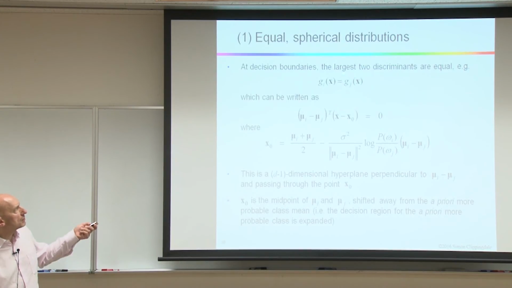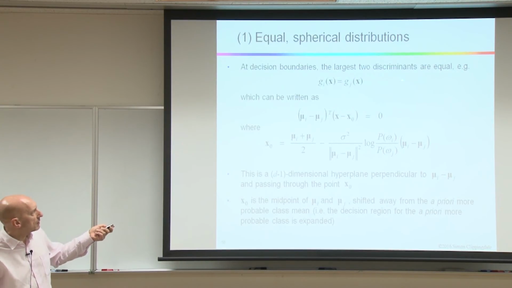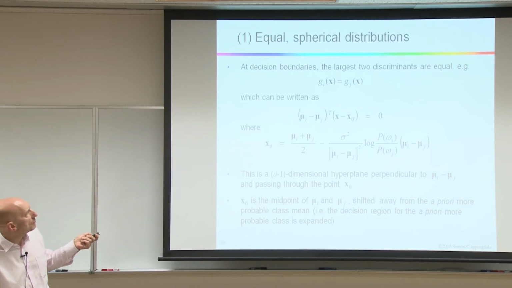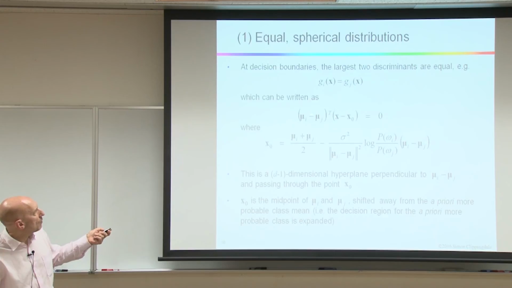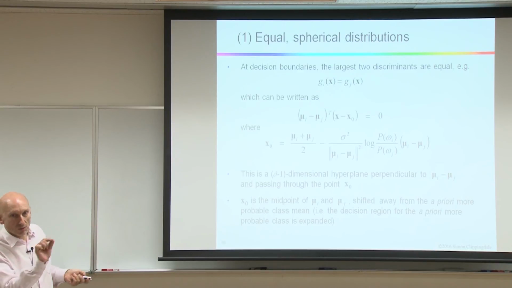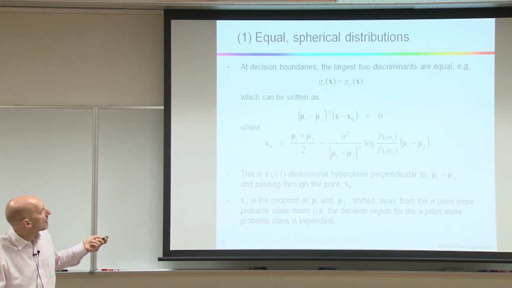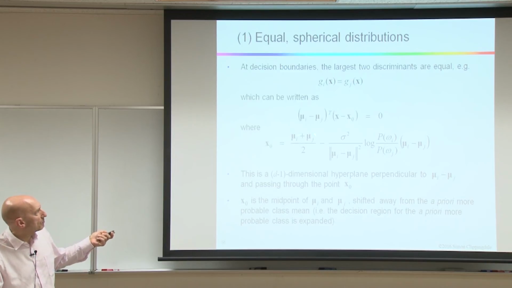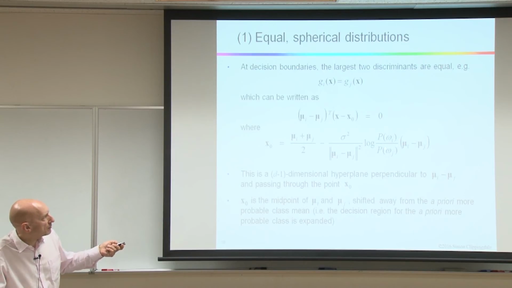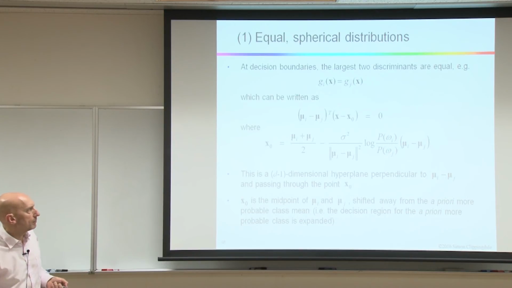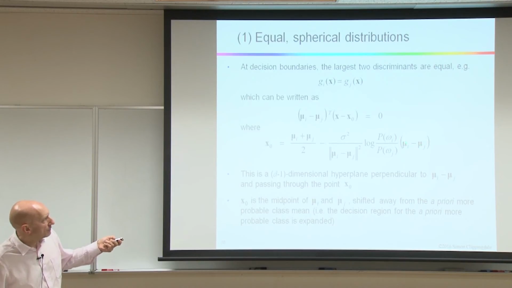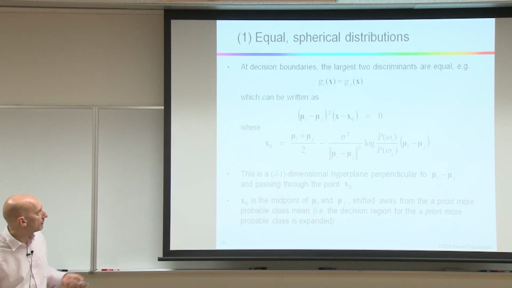So at the decision boundaries, the largest two discriminant functions are equal to each other, as we saw on the last slide, and you can write that as this, where this is the two class means in question. So this thing is the vector joining one class mean to the other, and x0 here is a point halfway between the two class means, shifted according to the difference between the prior probabilities of the two classes, and it's shifted along this vector which joins the two class means together.